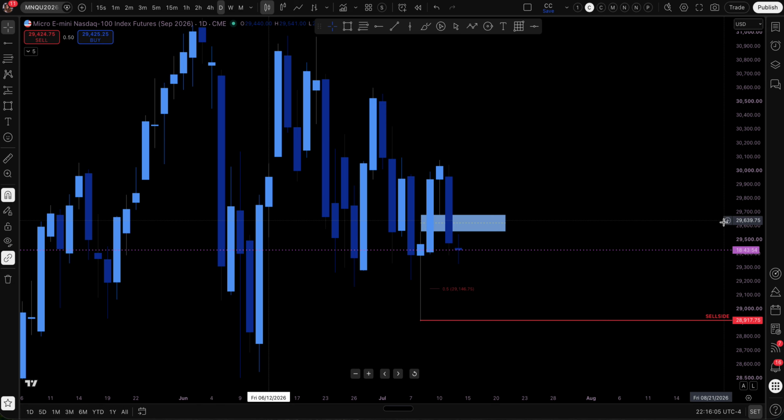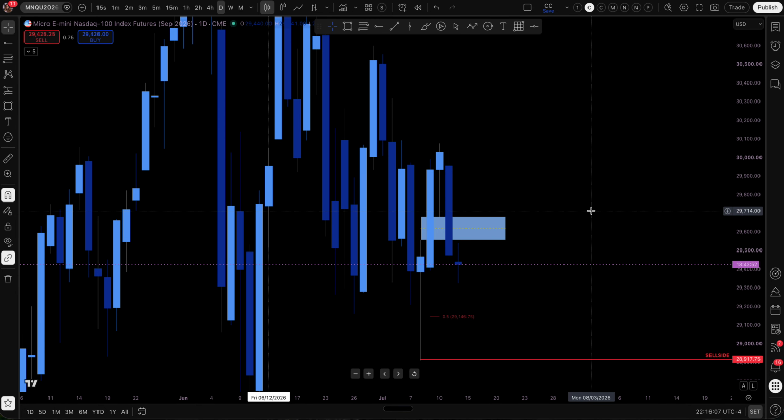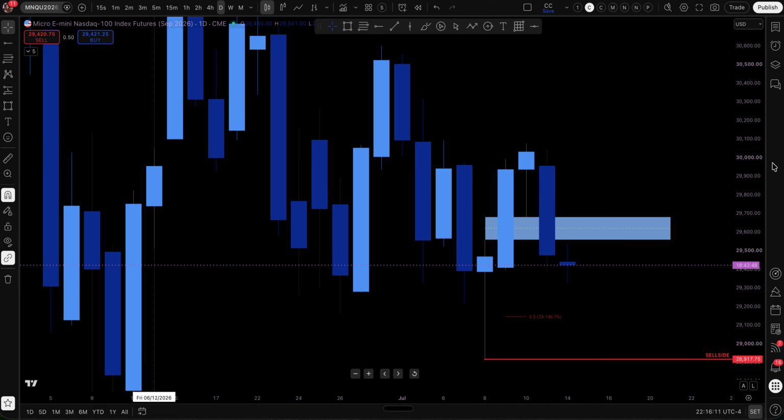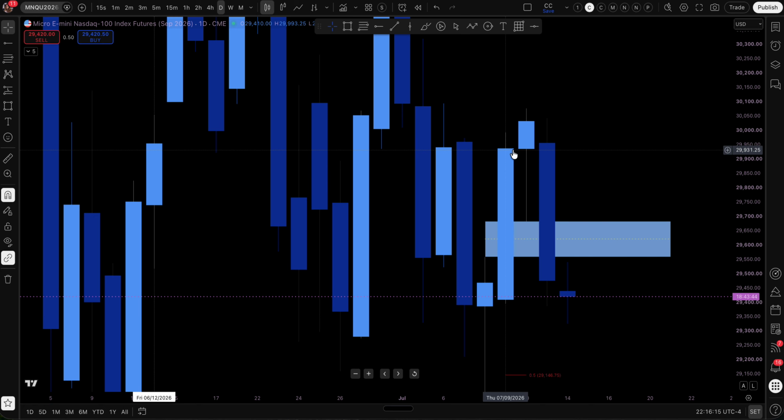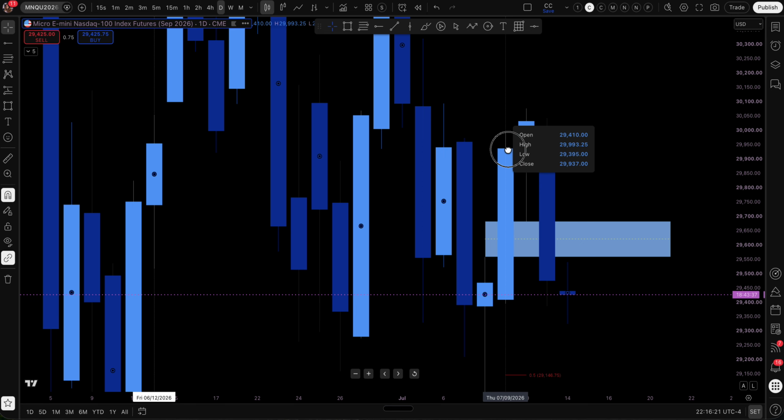And what else do I look for? I look for any inefficiencies, any place where I can see a gap between two candles that don't overlap. Those are areas where I can expect price to want to come back to. So here, if I hover on here, the close on this is 937.00, and the open on this is 936.